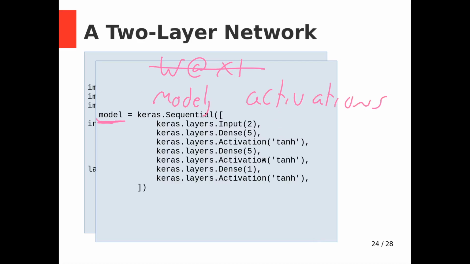So here, I'm going to construct a Keras Sequential, which is a basic feed-forward model, and I am going to give it a list of layers, okay? A list of layers.